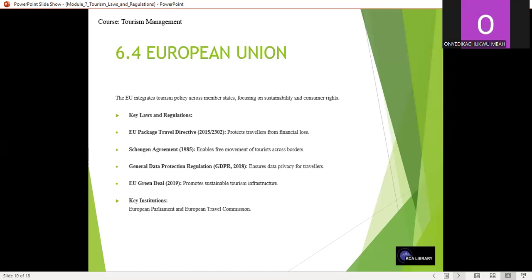I'm sure you must have been hearing about the Schengen visa recently. General Data Protection Regulation, GDPR of 2018, and the EU Green Deal 2019, which promotes sustainable tourism infrastructure. Now, the key institutions responsible for these laws are the European Parliament and the European Travel Commission.